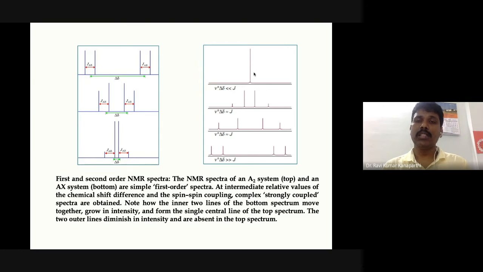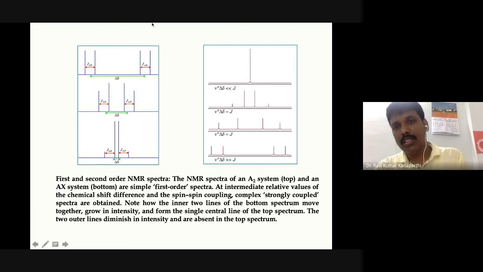That is why we don't distinguish them like in an AX system or AB system. If A is a half spin nucleus and the other A is also half spin, and both interact, normally we expect a splitting. But we don't see that splitting in reality, because both transitions take place at one particular place.